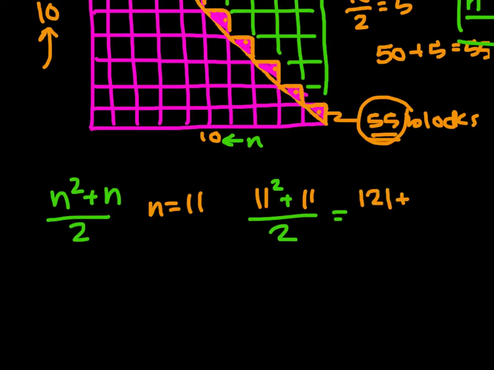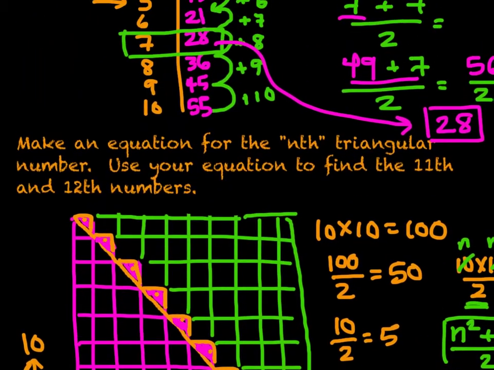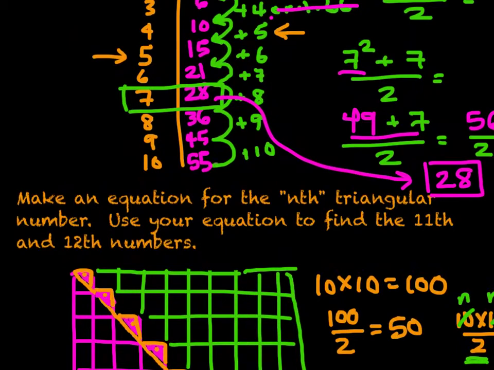We're going to add 11 to that, and we're dividing by 2 after that. 121 plus 11 gets me 132 divided by 2, which will get me 66. And if I went back to my table, I know that I would be adding 11 to my next step. 55 plus 11 would get me 66, so that would be my 11th step.